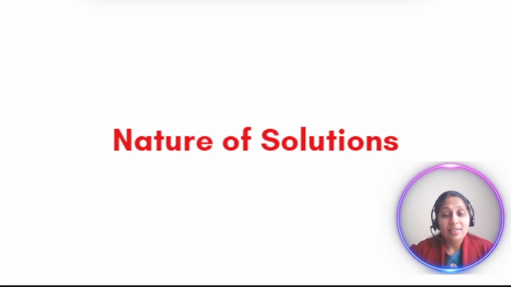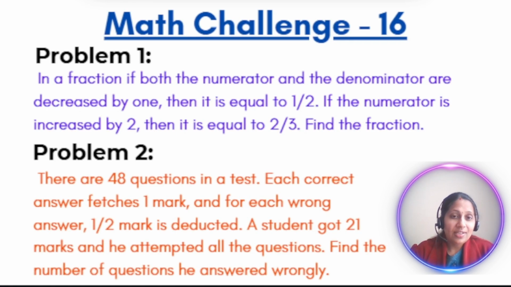Okay, so now is the time for you to do the challenge. The first problem is on a fraction. So they said it is a fraction, so the answer must be a fraction only. If both the numerator and the denominator are decreased by 1, then it is equal to 1 by 2. So here you can frame one equation with this information.